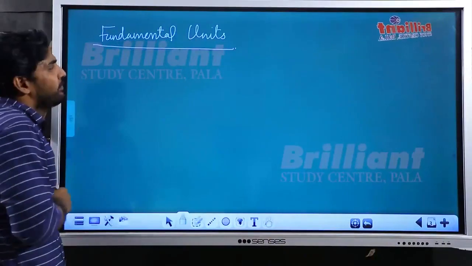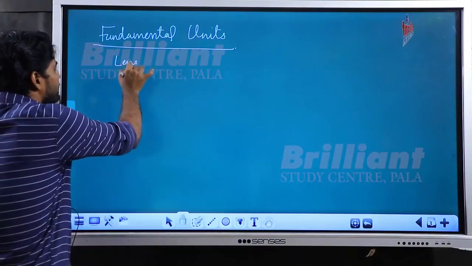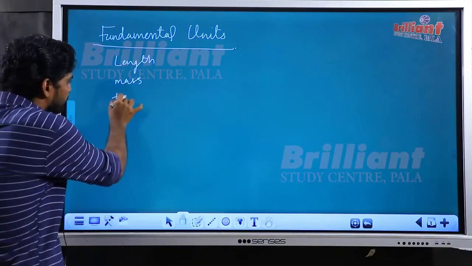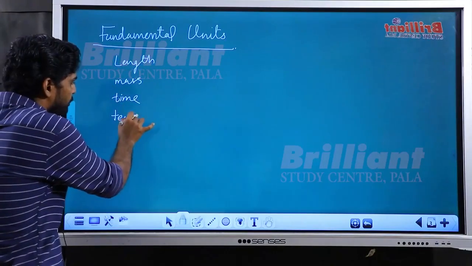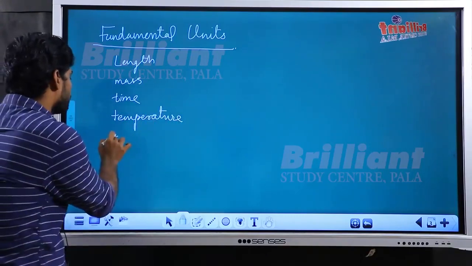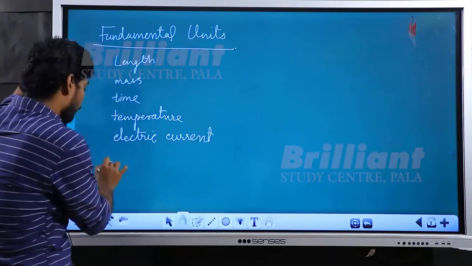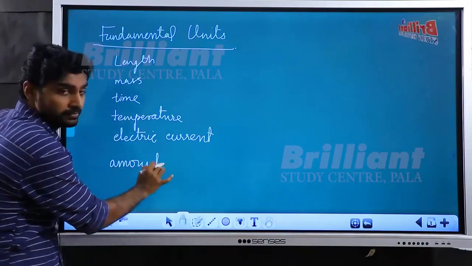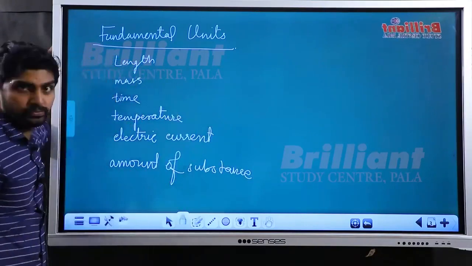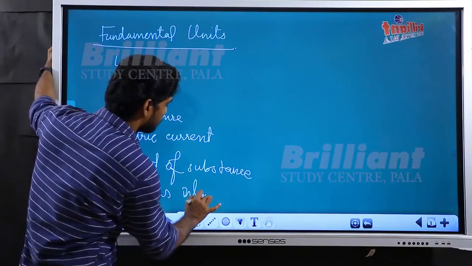For example, the quantities that we classify as fundamental quantities are length, mass, time, temperature, and we have electric current, we have amount of substance, and we have luminous intensity.